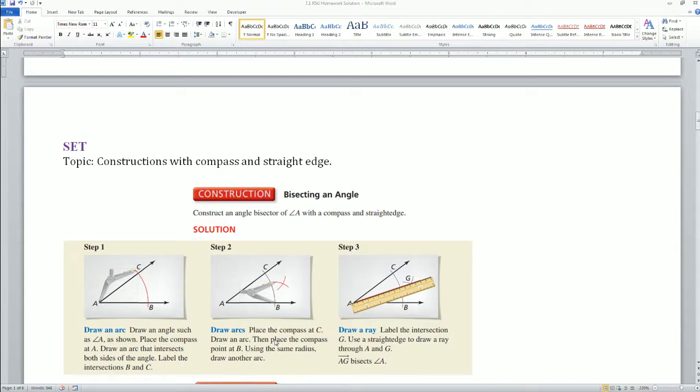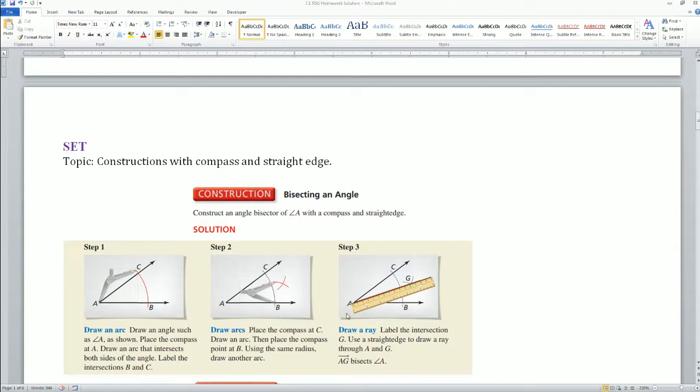Then you place the compass back at B or C and you construct an intersection outside of that original arc from B to C. That's step 2. Then step 3 would just be drawing a ray or a line segment from A to that new intersection. You could call that G if you want.